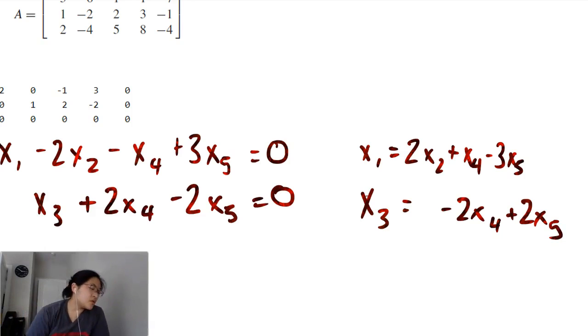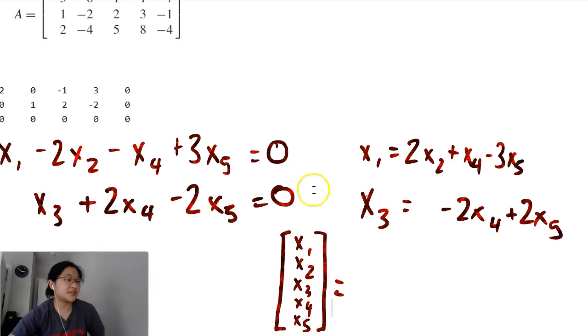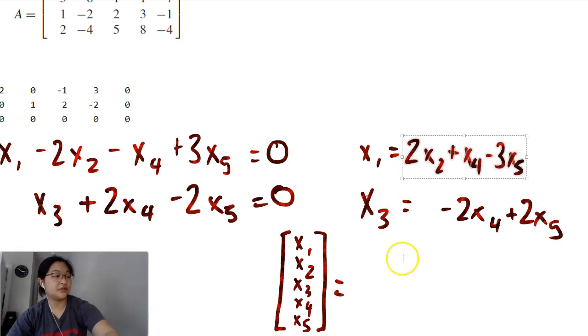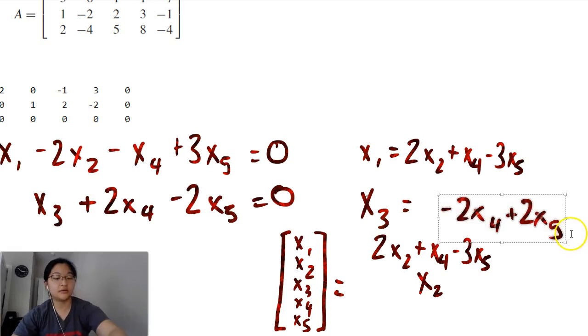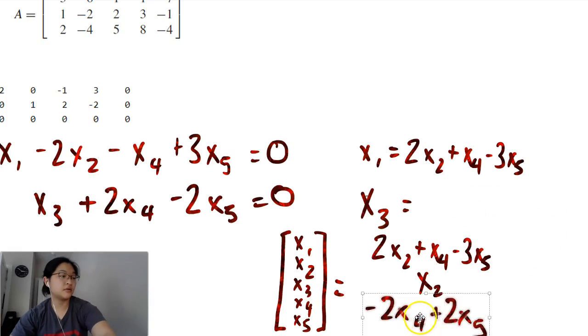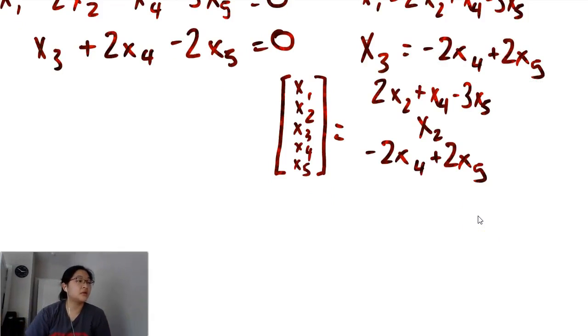Right? So we can rewrite this, with our x1, x2, x3, x4, and x5, poorly spaced but that's okay, with this expression for our x1, and then x2 is free, this expression for x3, and x4 and x5 there.